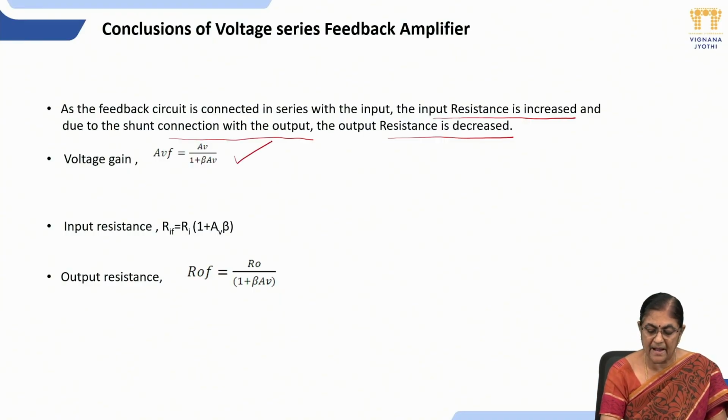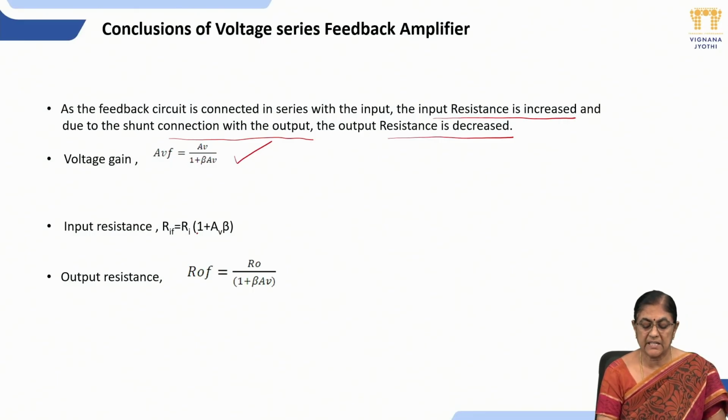Voltage gain with feedback is AVF is equal to AV by 1 plus beta AV. Voltage gain with feedback decreases by the factor of 1 plus beta AV compared to without feedback. And the input resistance of the voltage series feedback amplifier is RIF is equal to RI into 1 plus beta AV. So the input resistance of the feedback amplifier increases because of the series connection at the input terminals.